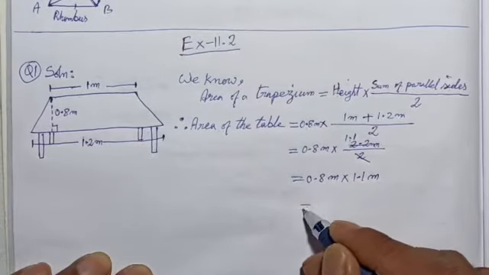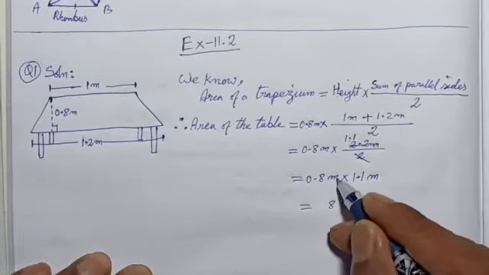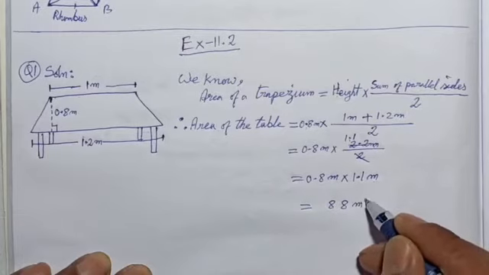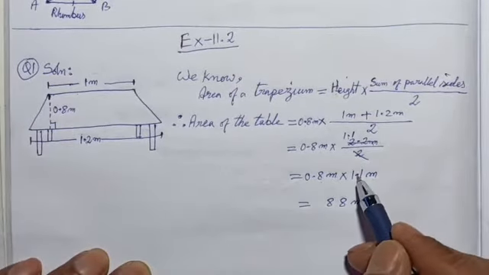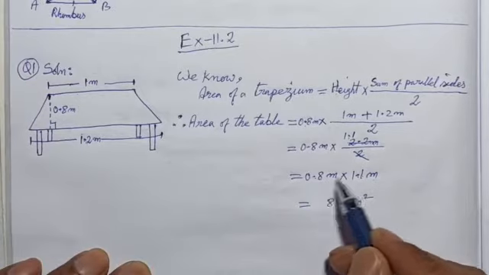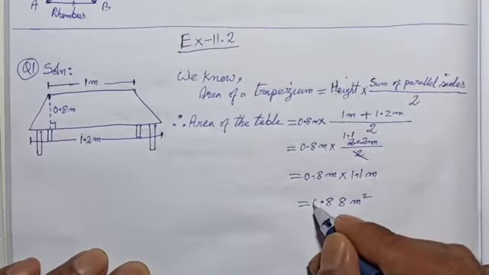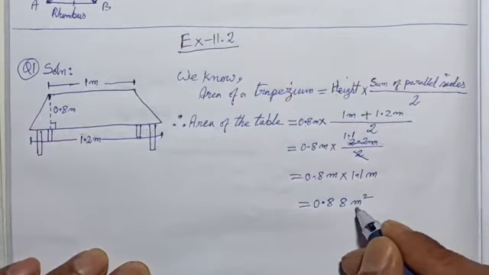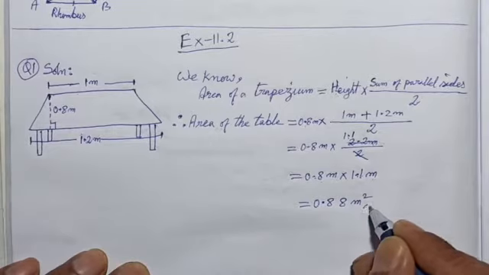Let us multiply these two. 8 one time is 8 and 8 one time is 8. Meter into meter is meter square. After the point here is one place, after the point here is one place, altogether two places. So the decimal point will come here, and we write 0.88 meter square. This is the area of the table.